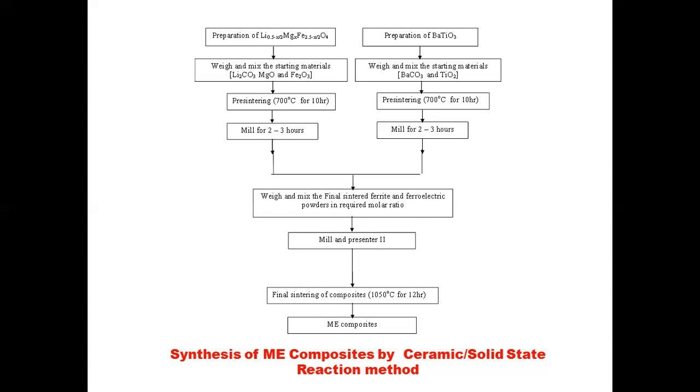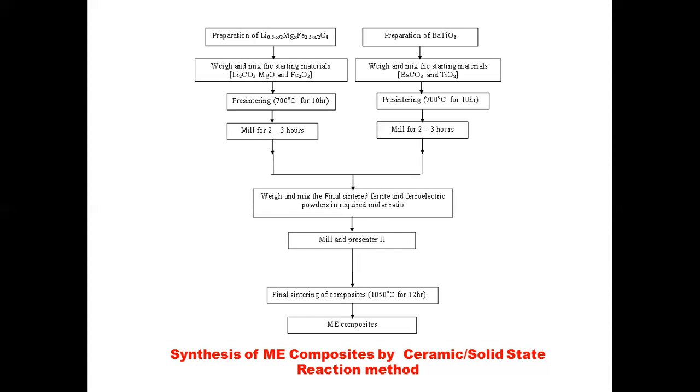In the same manner, you have to weigh the barium carbonate and the titanium oxide to high accuracy to the calculated amount, and these two are mixed together in an agate mortar in acetone medium, and ground to get a fine powder until they get dried.